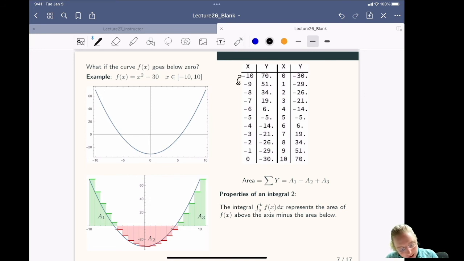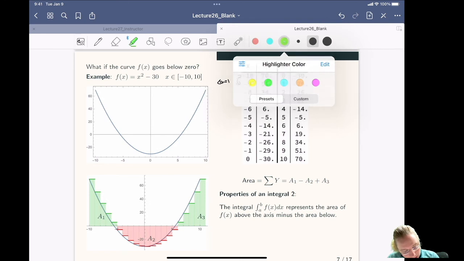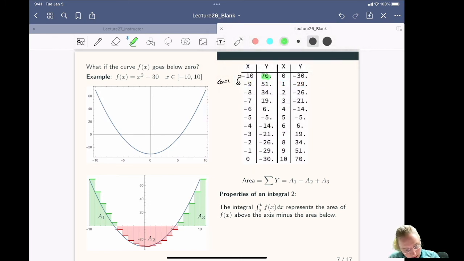Our change in x here, delta x, is equal to 1. And then we want to take all of the positive values, so we have some of the values that are above 0, and then we have all of our values below 0. And we want to multiply all of these values by delta x and sum them.